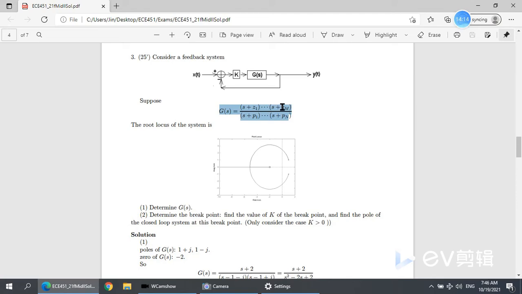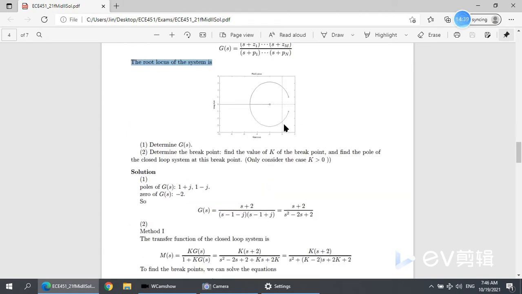In the numerator is s minus a negative z, which is the zeros, and in the denominator is s minus a negative p, which will be the poles. Right? Then here's no more constant, and here I have k. Okay, so this one, and we have the root locus of the system. We already have the root locus.